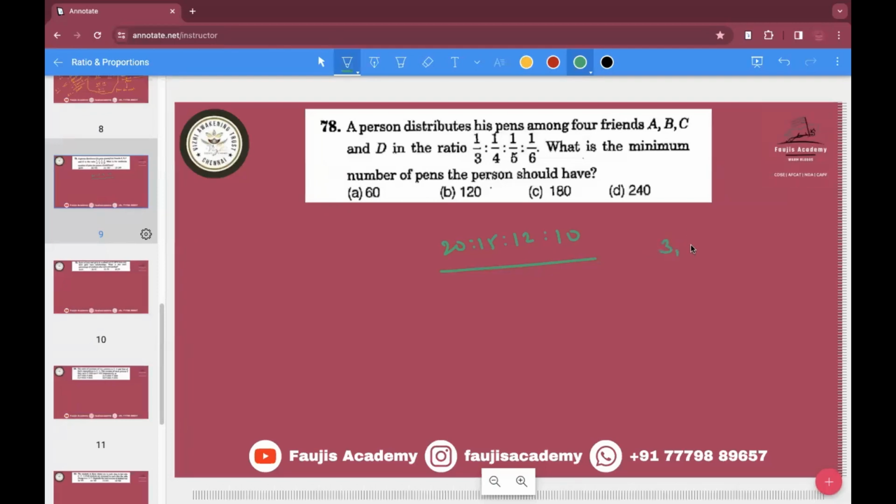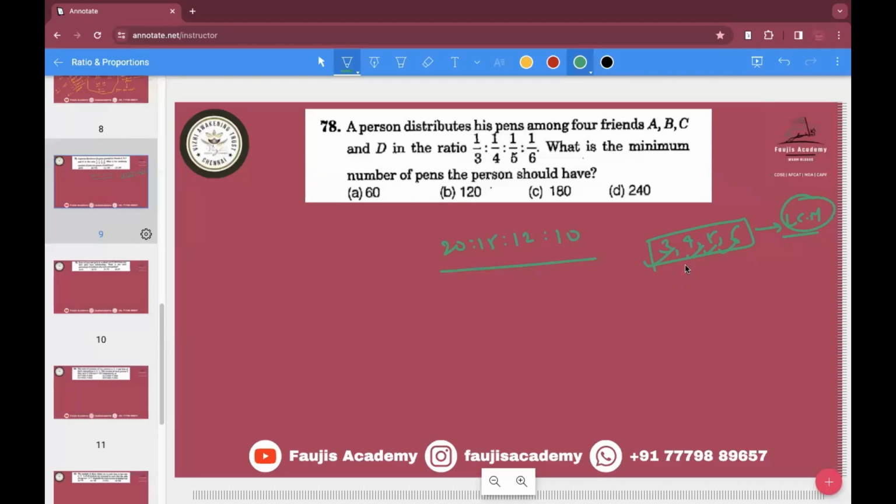Look, what actually happens is that the number which you get as the LCM should not only be divisible by these numbers, there are a few other numbers as well.